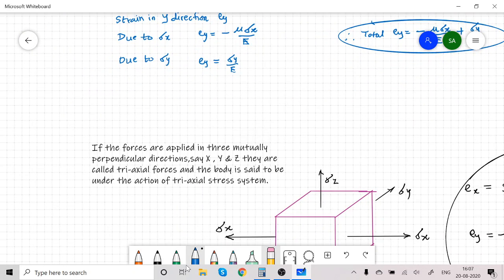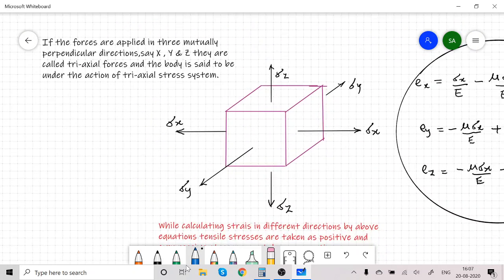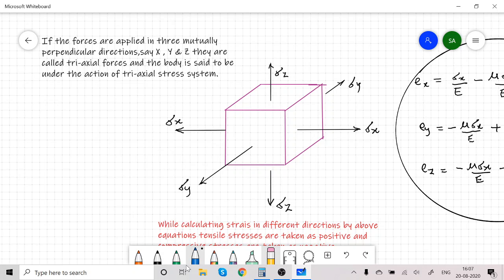Now, consider the stress system in which the stresses are acting along three mutually perpendicular axes, say x, y, and z. This is called as triaxial stress system.